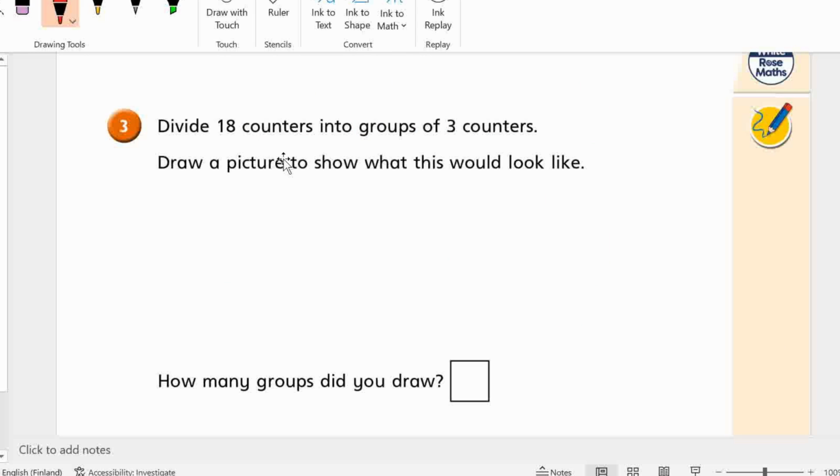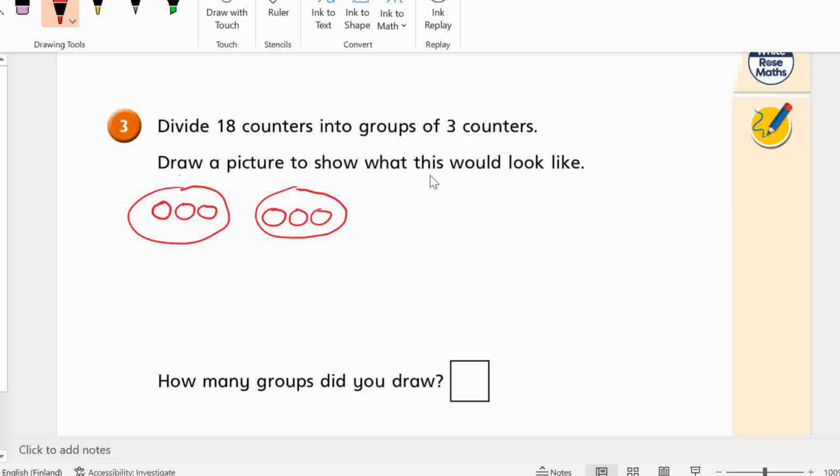Okay, divide 18 counters into groups of 3 counters. Draw a picture to show what this would look like. So we'll do 1, 2, 3 here in one place. Then we do another 3, 4, 5, 6.